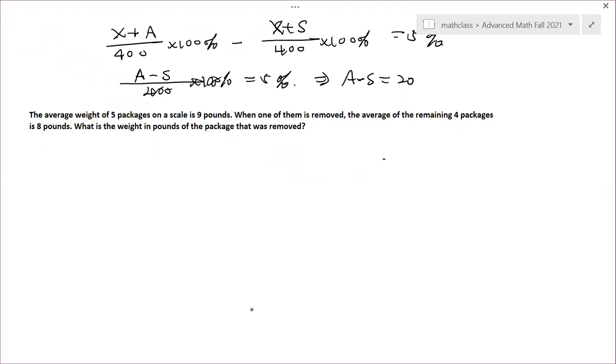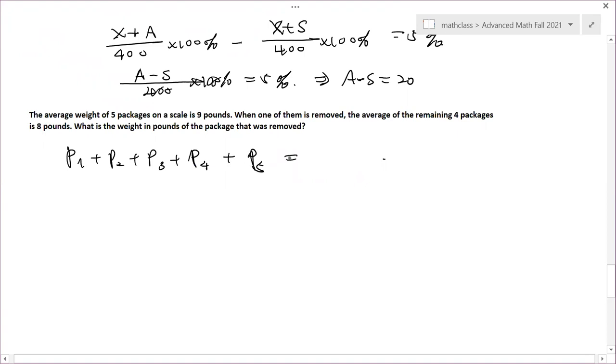There are 5 packages here. We don't know the exact weight of each of them. It's going to be 5 times 9, total is 45. So based on the first one, we know the total is 45.